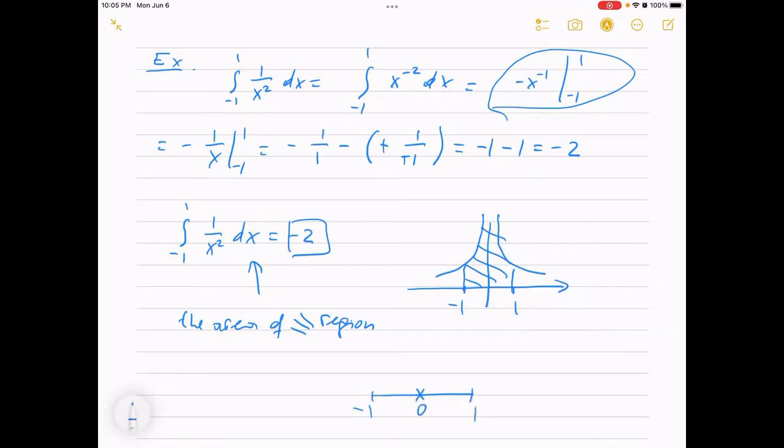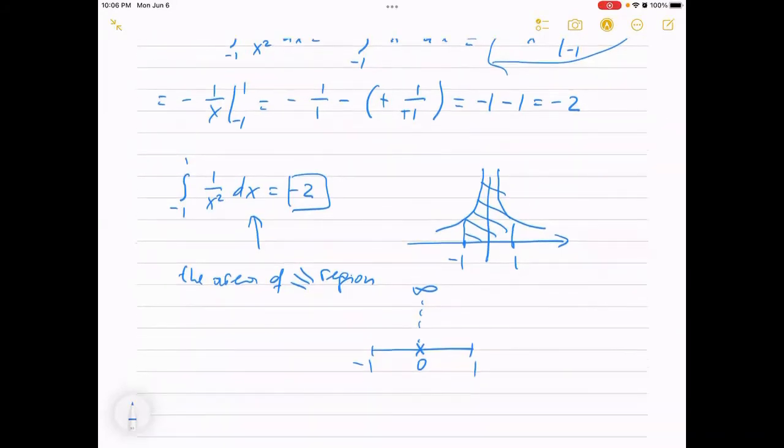And actually that is an infinite discontinuity here. That's where the problem arises, because we have an infinite jump. So the integral from -1 to 1 of 1 over x squared dx is not equal to -2. We have to take special attention to such intervals.